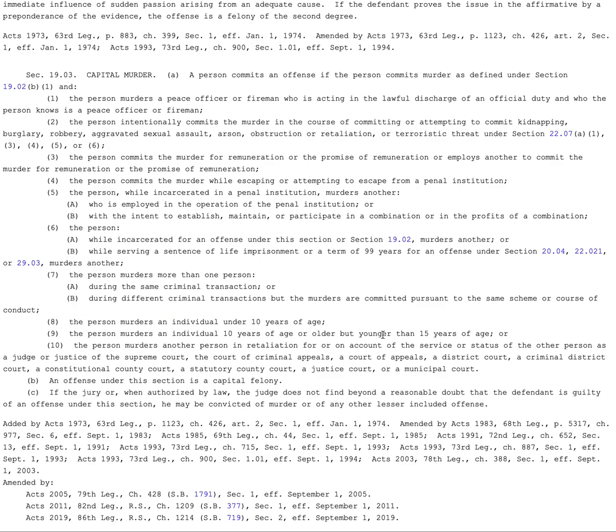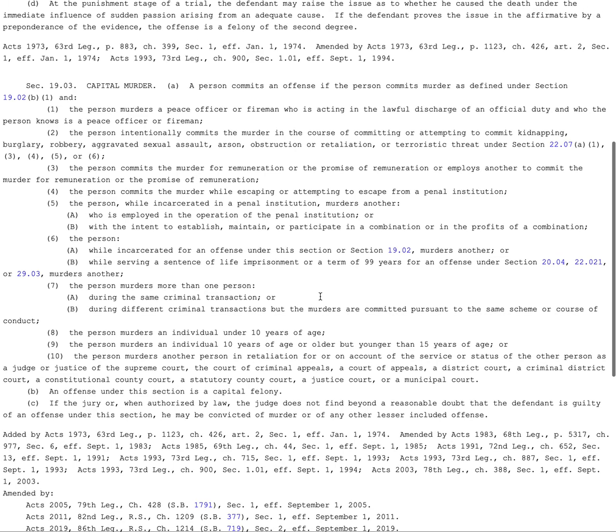The reason they didn't just change this to 15 is because this singular statement is considered capital murder, but it is not a death penalty qualifying offense. So if you are charged with (a)(9), then you are eligible for the punishment of life in prison without the possibility of parole, but not the death penalty. Everything else would be subject to capital punishment.